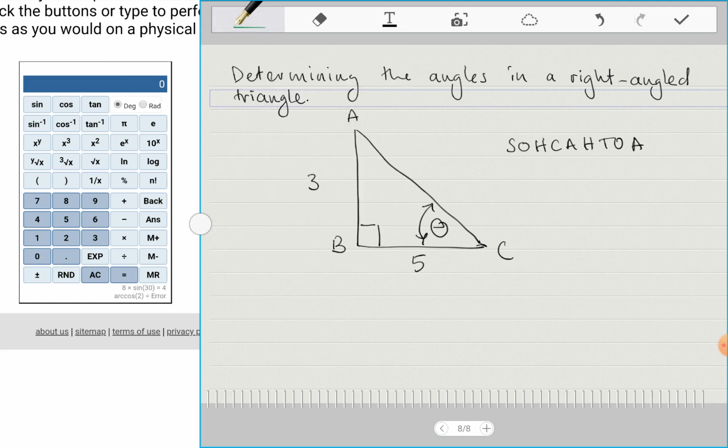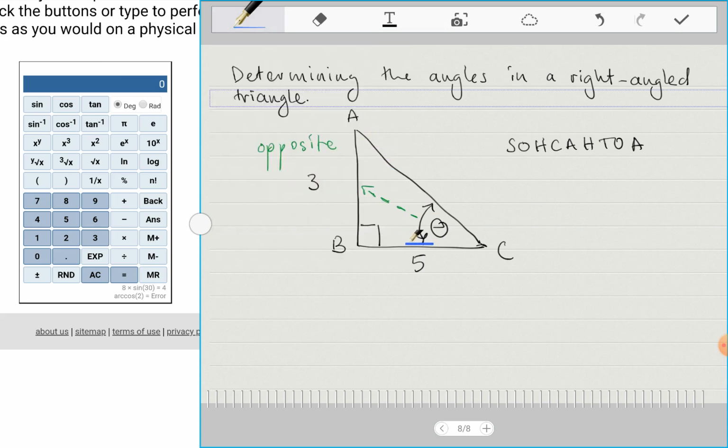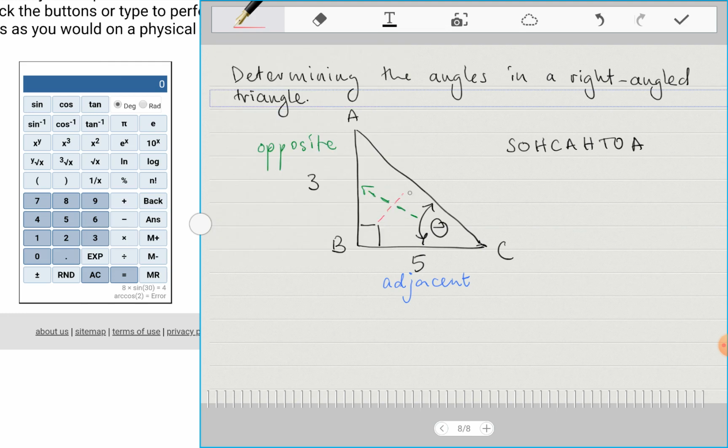This is the angle that we've been given, so we draw in our opposite, then write in our adjacent. This is obviously your adjacent because it's opposite to the other angle. And then your final one would be your hypotenuse.